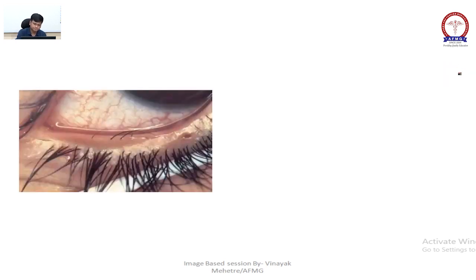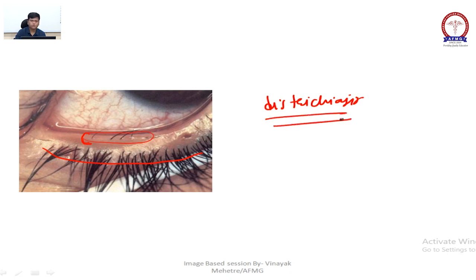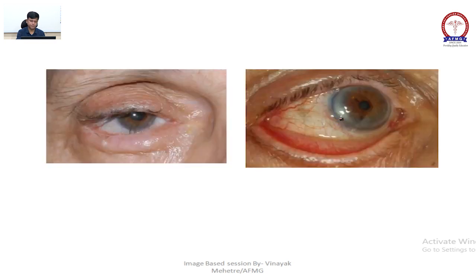Now, this is the normal row and this is the extra row of cilia, right? So it is called dystrichiasis. Extra row of cilia is called dystrichiasis.